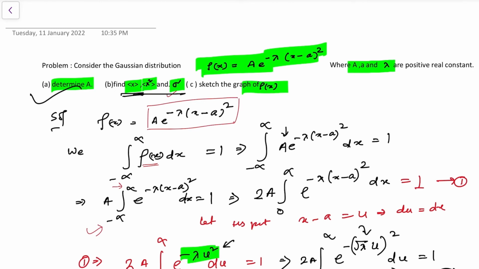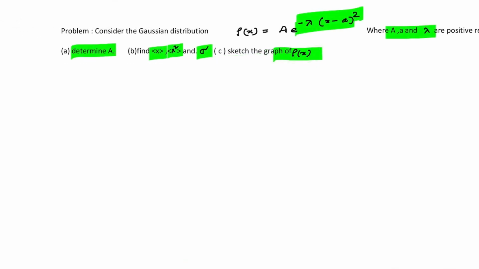Now let us find average and sigma also. Now let us find b. Here we need to find the expectation value, or you can say average. In terms of statistics it is average, and in quantum mechanics it is expectation value. So we know this relation: integral from minus infinity to plus infinity of x rho of x dx.